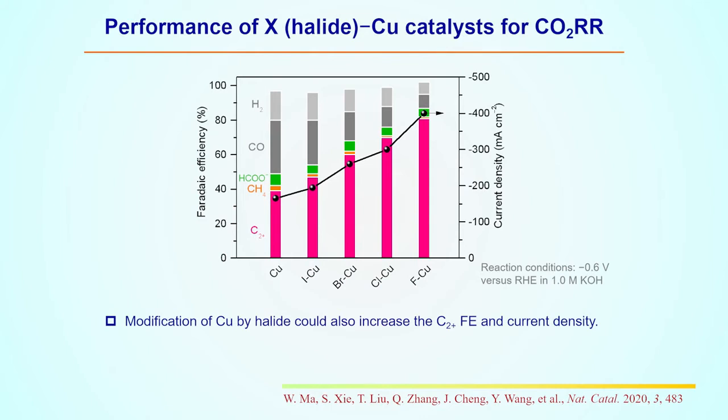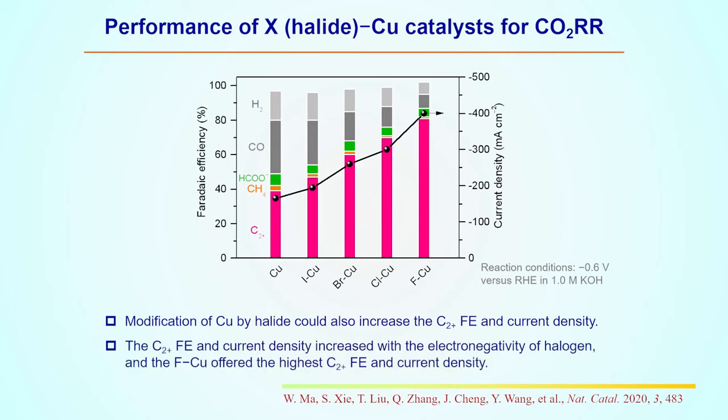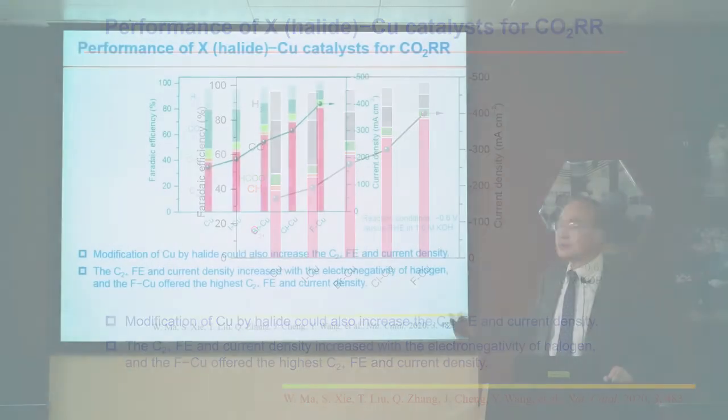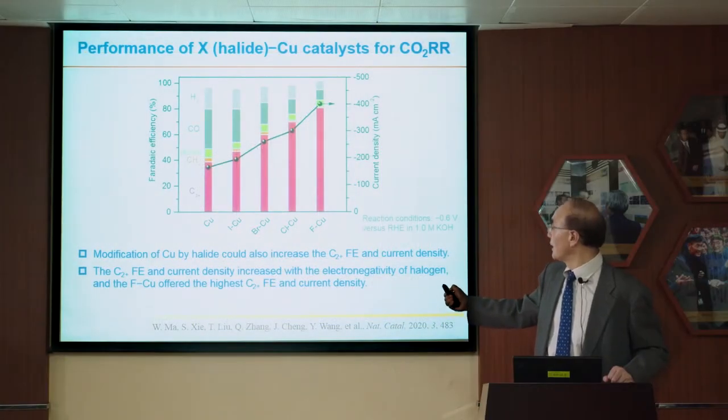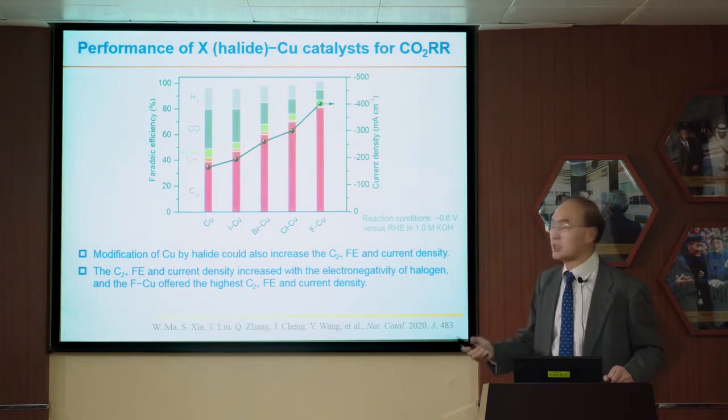Further, we found that the modification of copper by halide could also increase C2+ Faradaic efficiency and the current density. The C2+ Faradaic efficiency and the current density increased with the electronegativity of the halogen, and fluoride modified copper catalyst offers the highest C2+ Faradaic efficiency and also the current density.